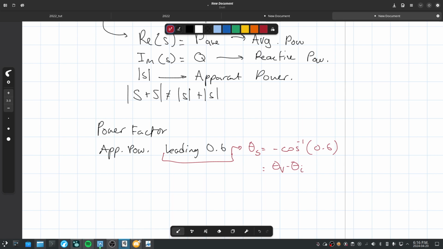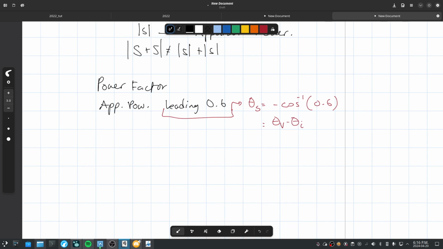If I have lagging 0.6, same thing here: the angle of S is cosine inverse of 0.6, and again that's still theta V minus theta I.